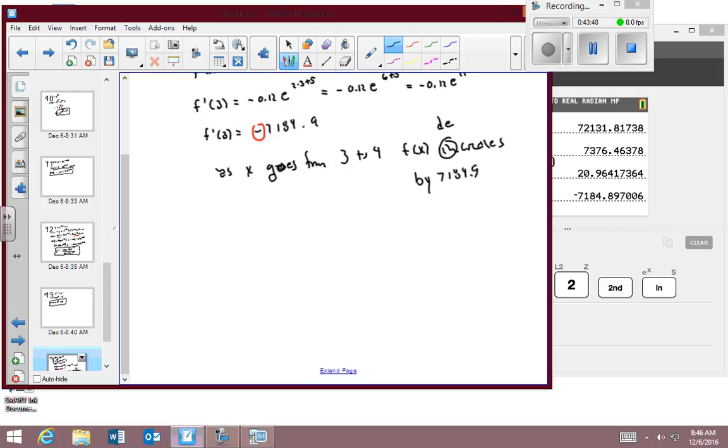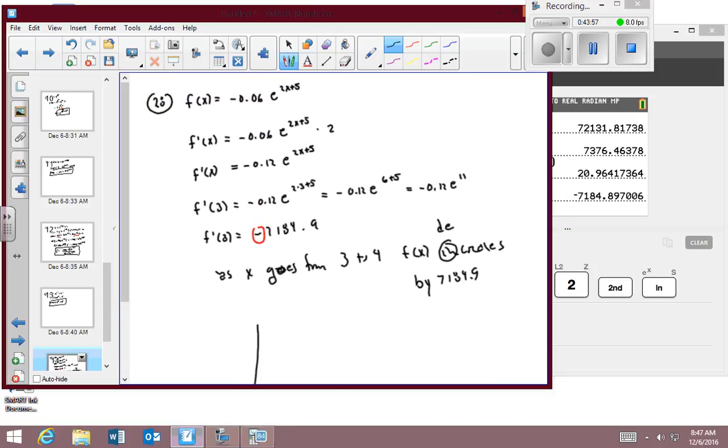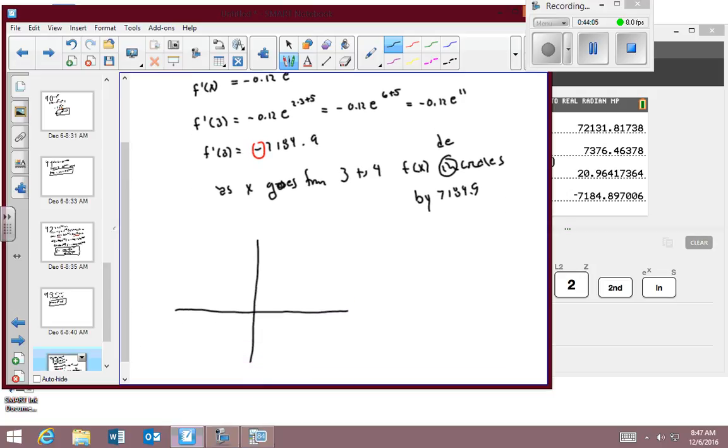Because an exponential function, when this base is greater than 1, it should basically go like this, through 0, 1.